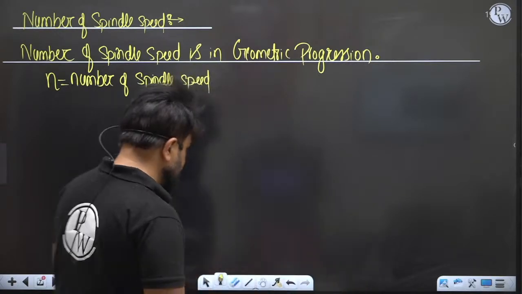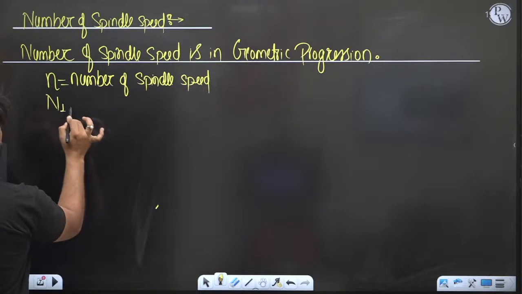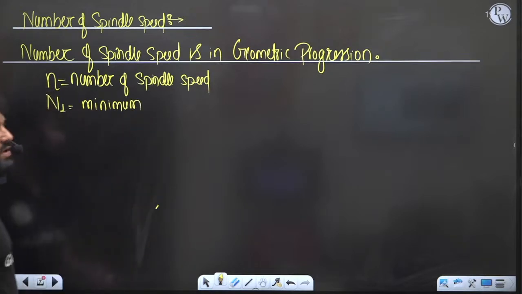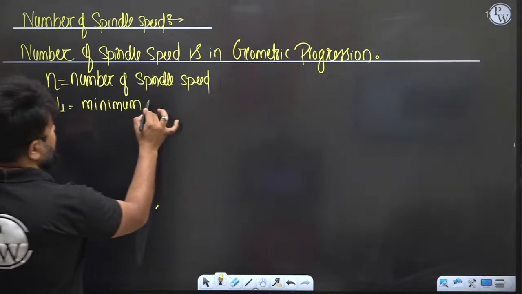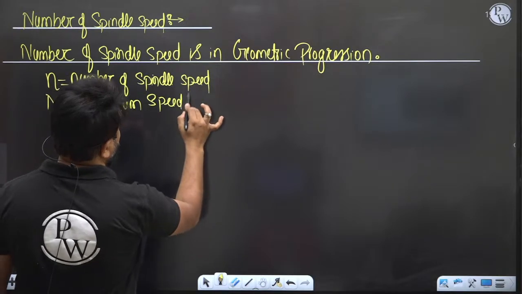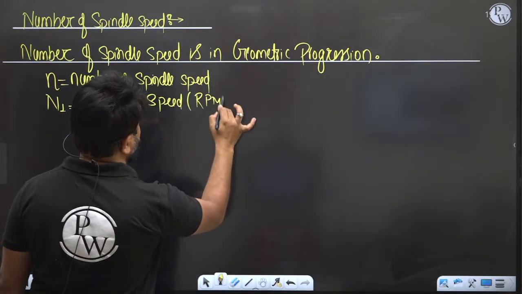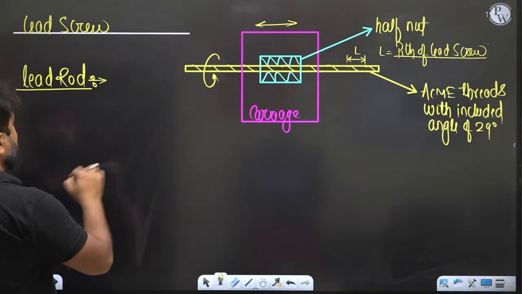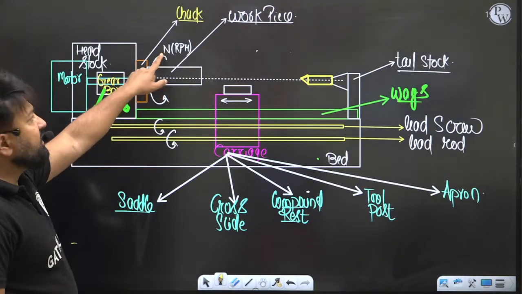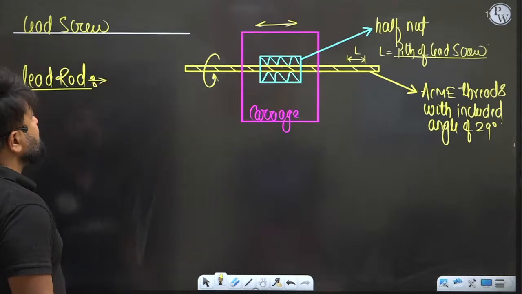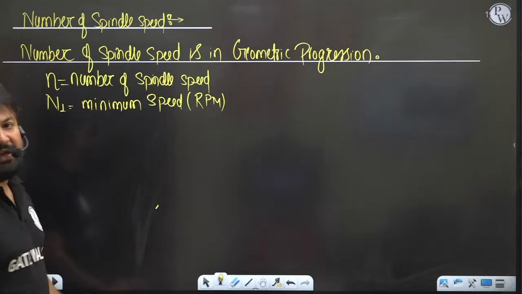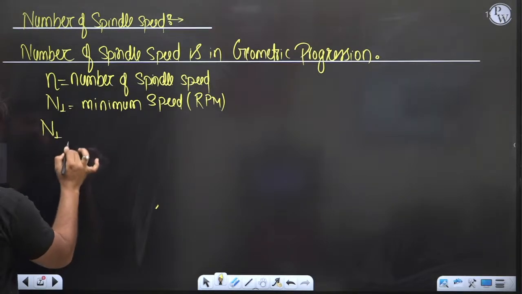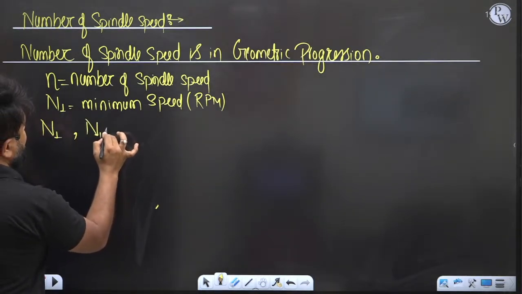Here let me write down that n1 is the minimum RPM or the minimum speed. The speed will be in revolutions per minute. The workpiece is rotating at some RPM with the help of a gearbox. If N1 is the minimum RPM, then the next speed will be N1R.